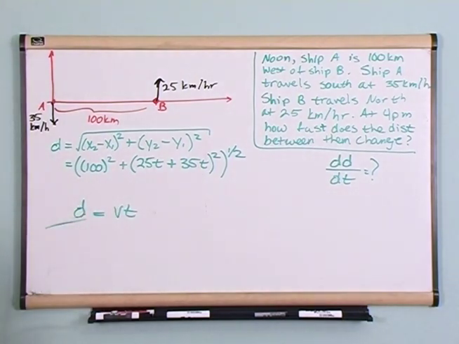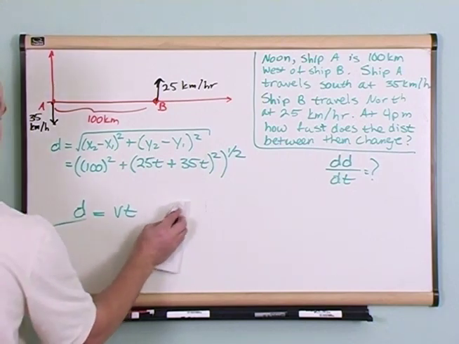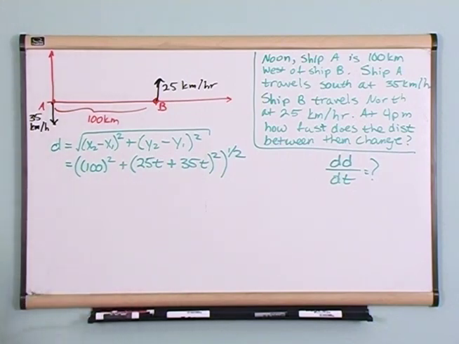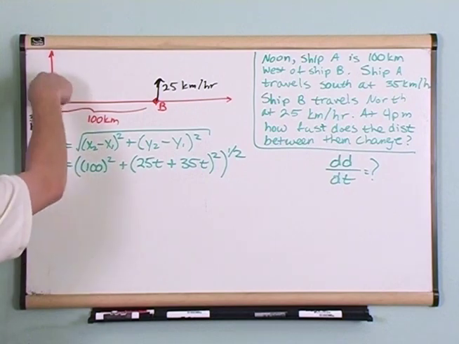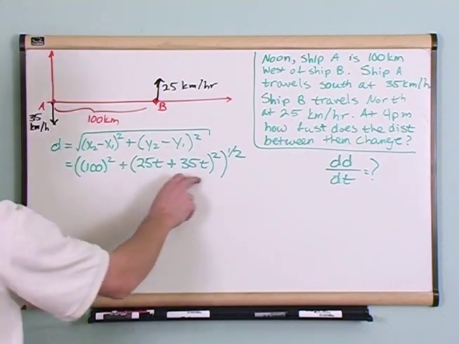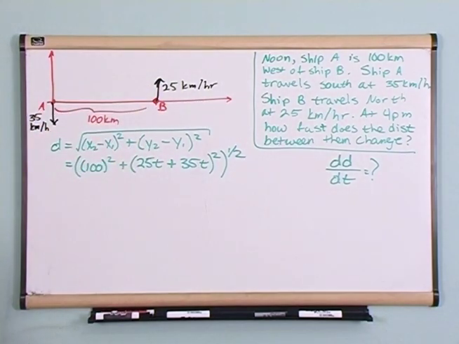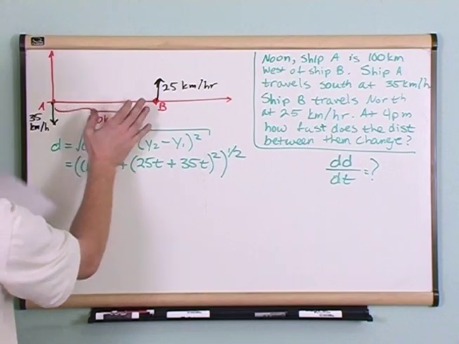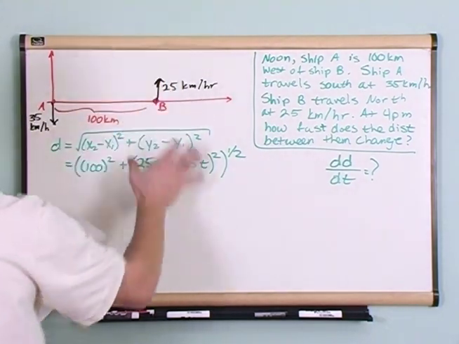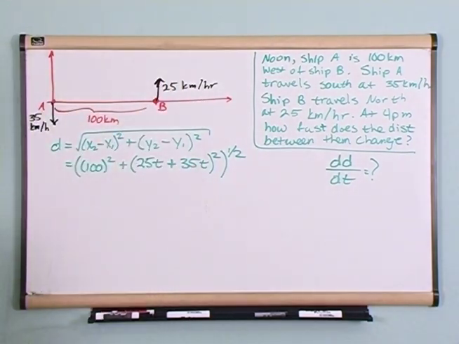So 35 kilometers an hour times however many hours will give you how far away you are. And the same thing here, and he's going in the opposite direction. So I'm adding these up because the total distance between them in y is going to be the sum of however far they travel in that time. So you've got 100, which is a fixed constant in x. x is never changing, but y changes. The difference in y changes as a function of time.